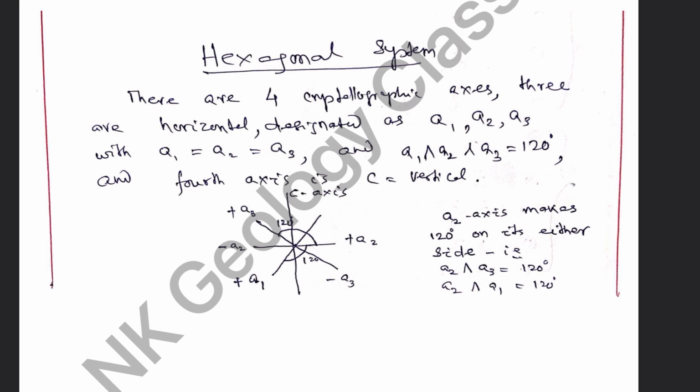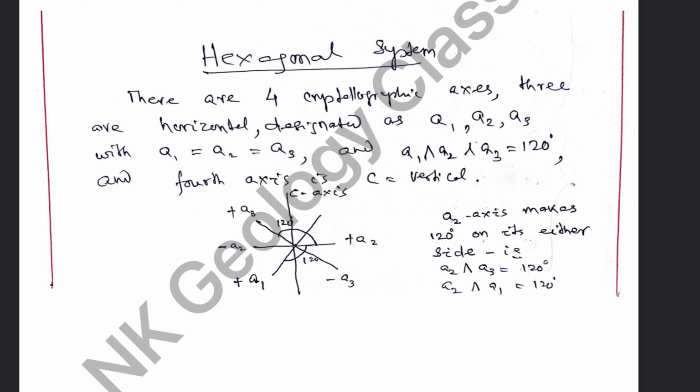In my previous classes, I have discussed some of the classes of crystals, particularly the lower classes: triclinic, monoclinic, orthorhombic and tetragonal systems.